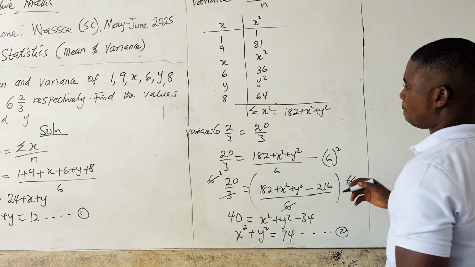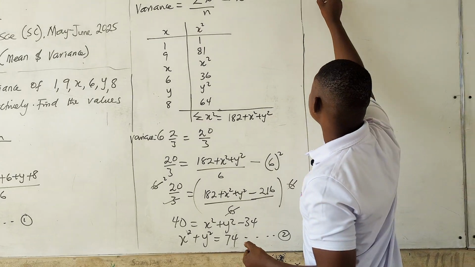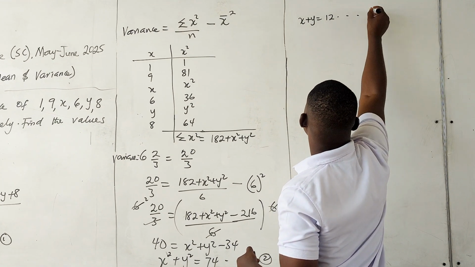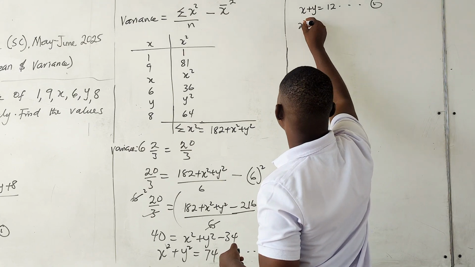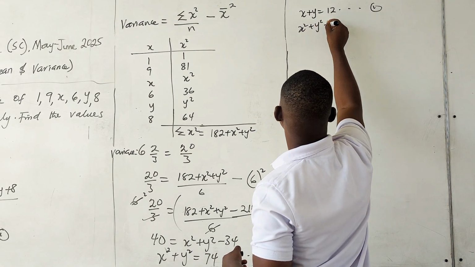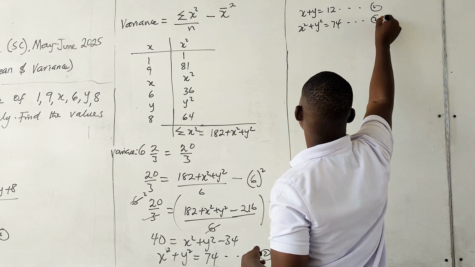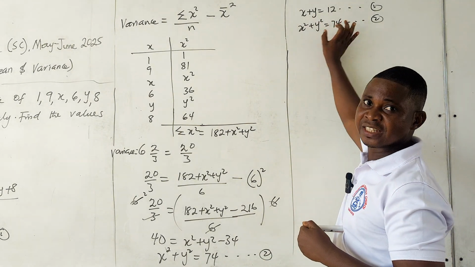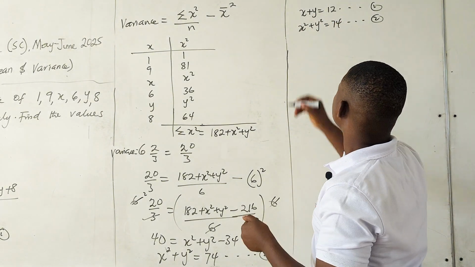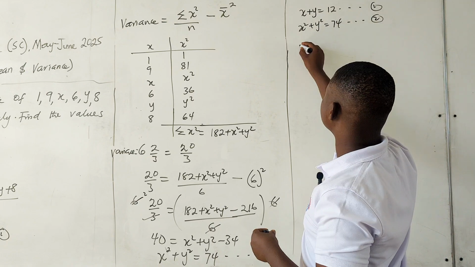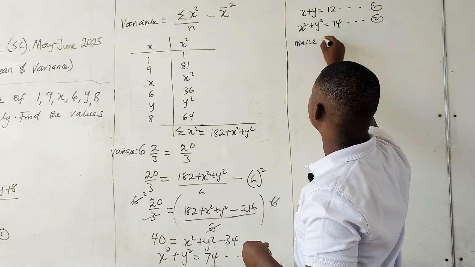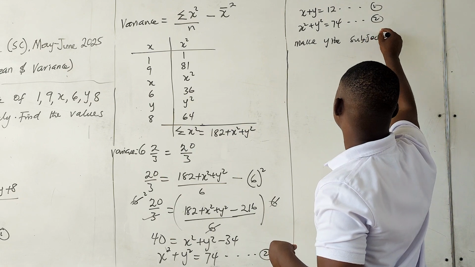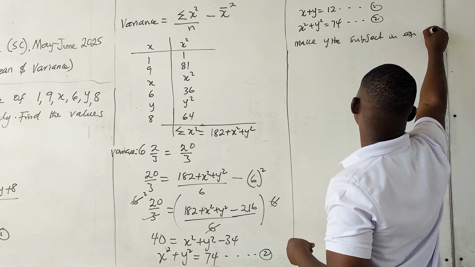So I have equation 1 to be x plus y is equal to 12. And you have x squared plus y squared is equal to 74, equation 2. So with this, I can make y the subject in equation 1 and substitute into the second equation.